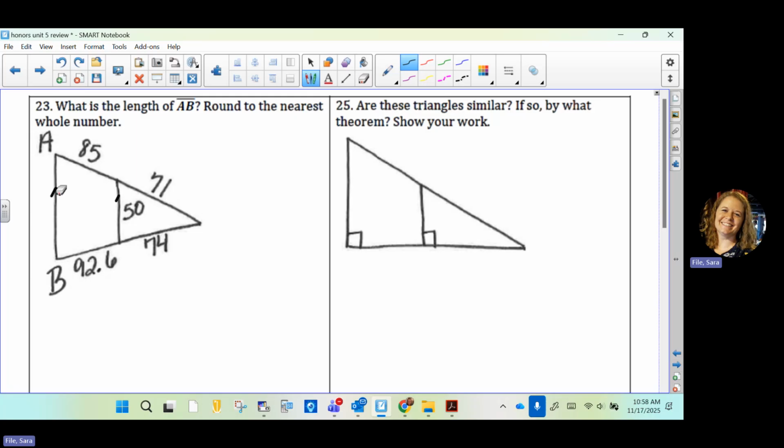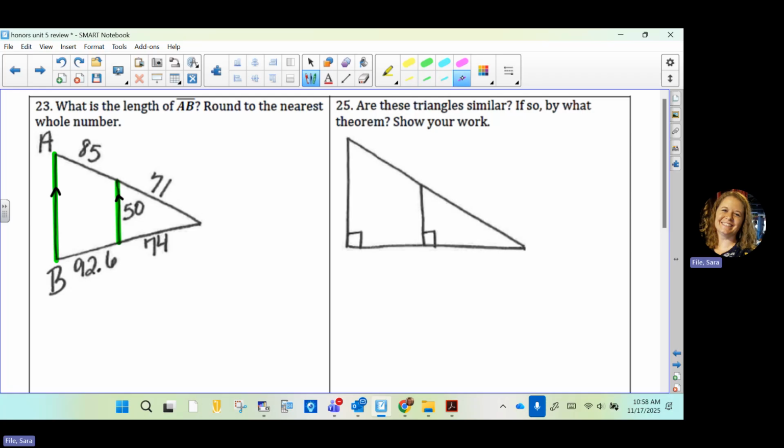So just add those parallel markings so that we can accurately solve this. So if we have these marked as parallel, the nested triangle is similar to the outer triangle, and we're looking for AB, which in the nested triangle corresponds to the 50, yes?